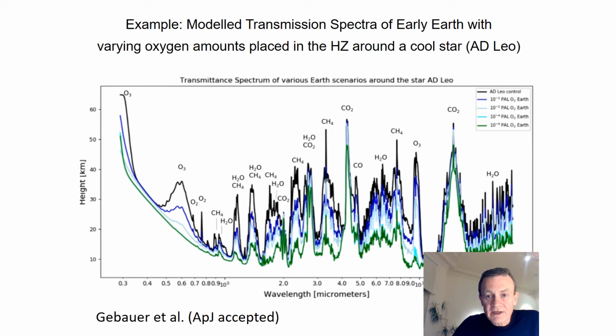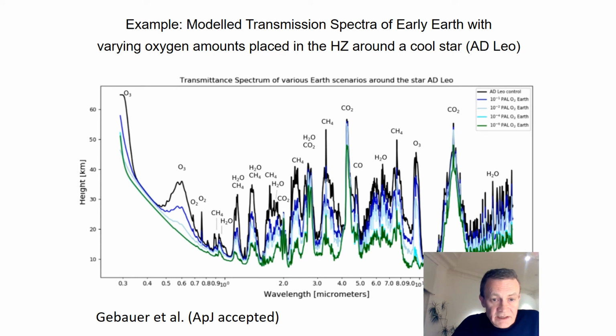PAL means present atmospheric level. So a PAL of 1 means 21% oxygen, and a PAL of 10 to the minus 1 means 2.1% oxygen, etc. What you're seeing here is that as we decrease the oxygen in the atmosphere, as we go from blue to light blue to green, we see a reduction in the oxygen spectral features.